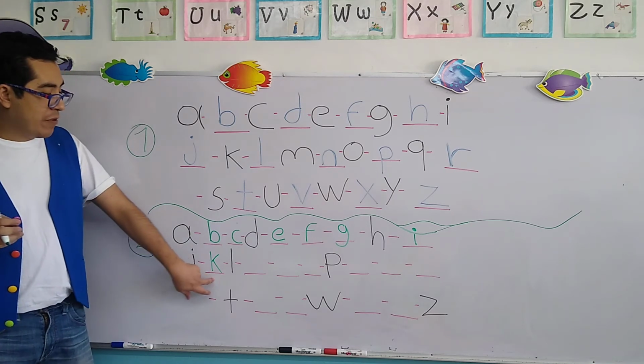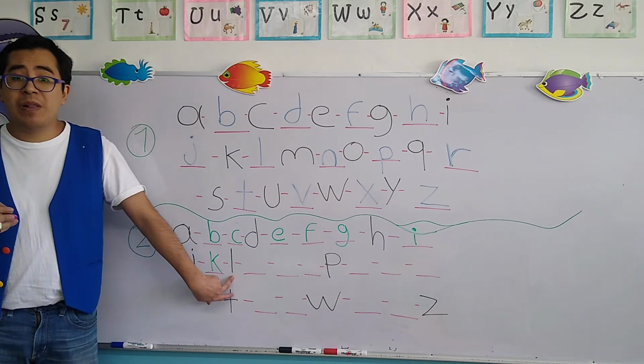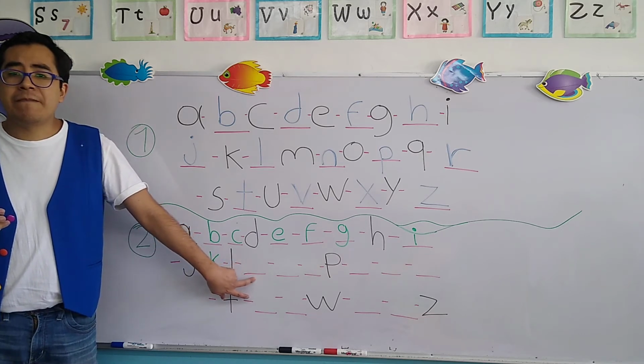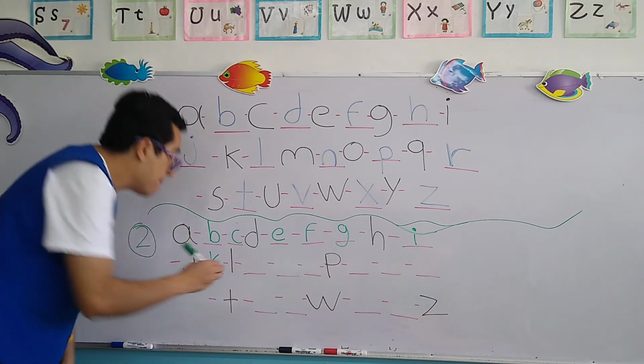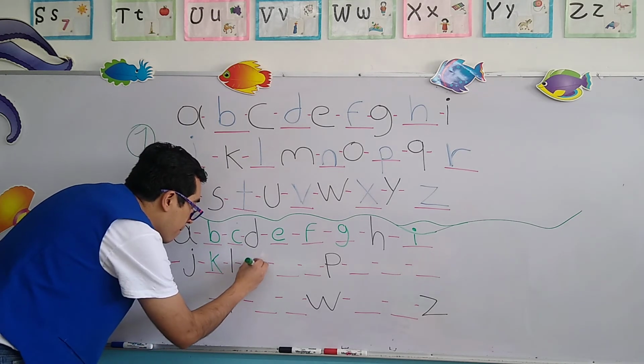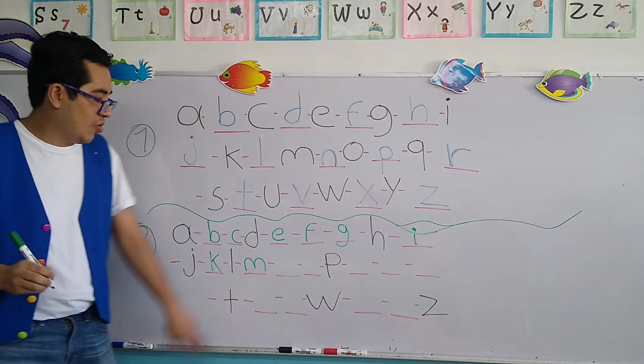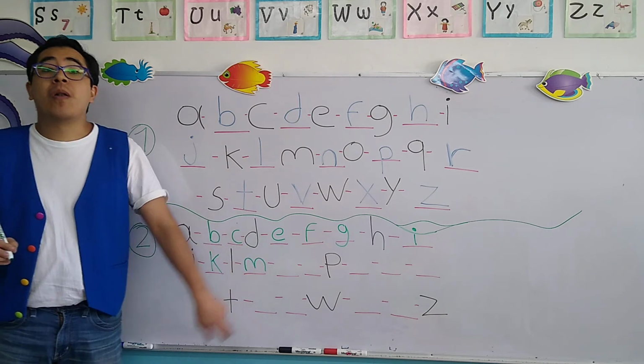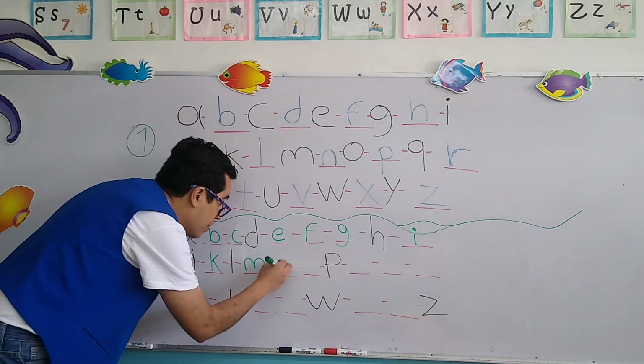Small k. After small k, we have a small l. After small l, what's the next letter? Small m of mouse. After small m, small n. Very good.